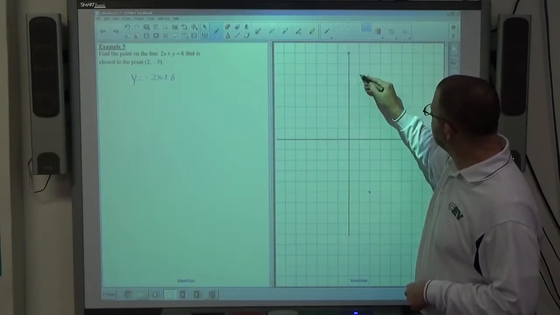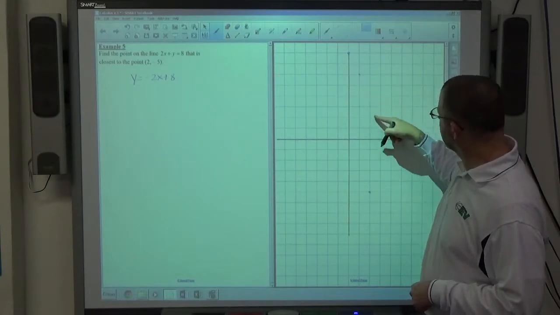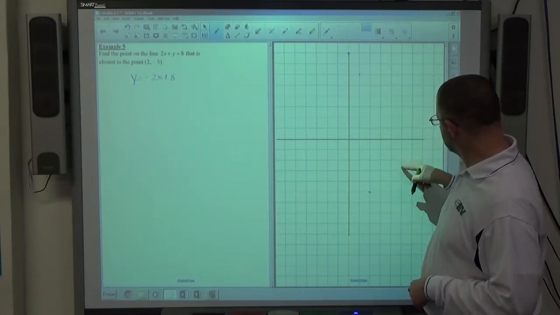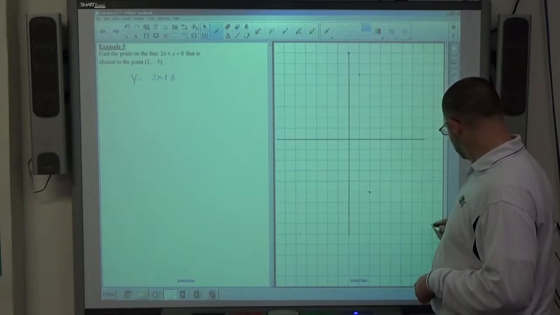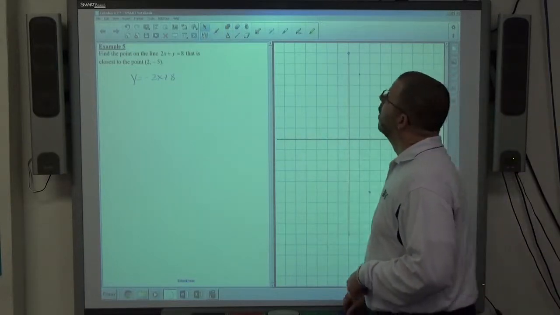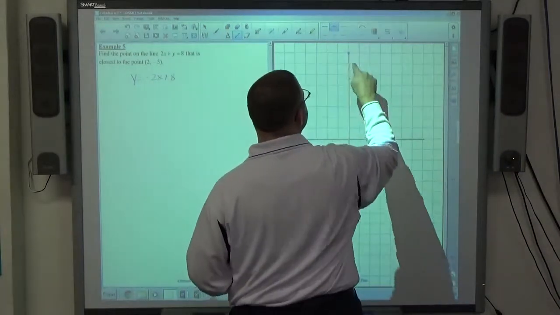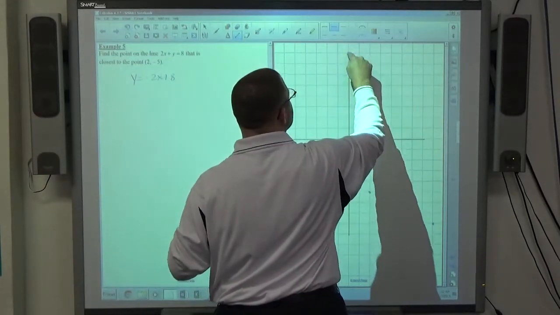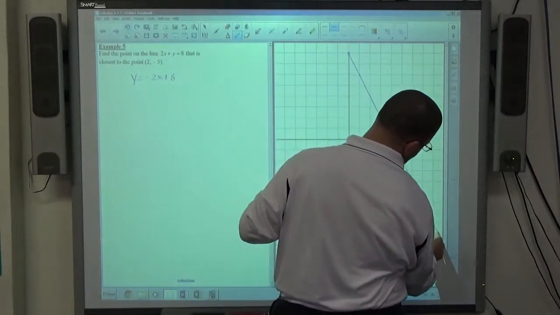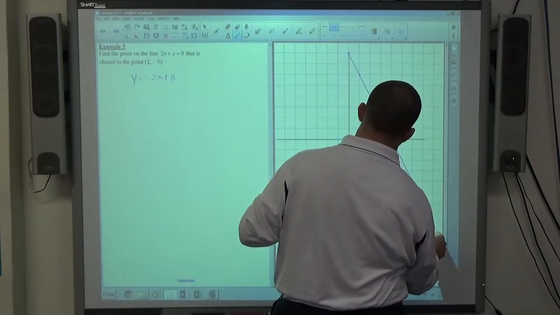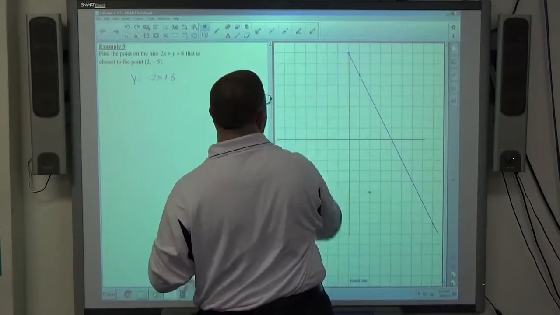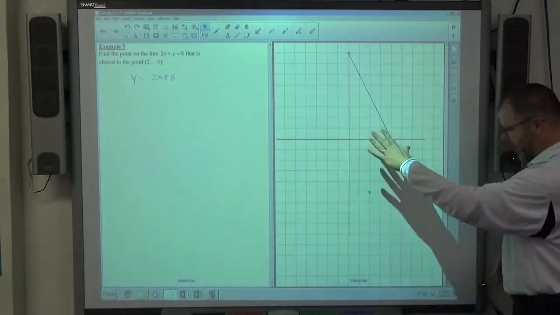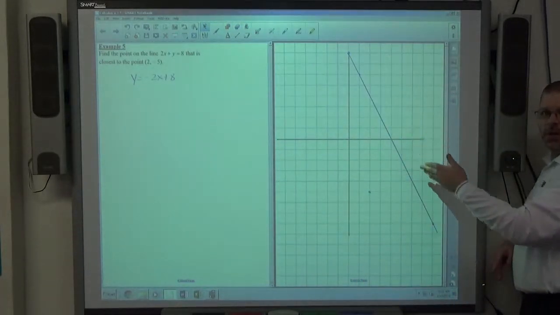And a slope of negative 2, so you go down 2. That's pretty good. All right, so this line has infinite points on it, right?